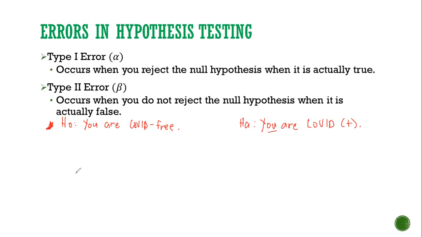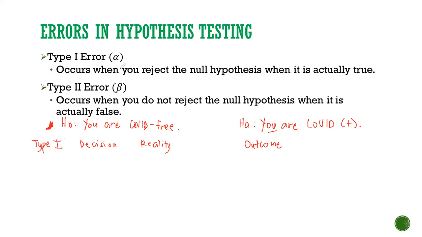Ganon, di ba? Okay, so type 1 error tayo. Type 1. Yan. So ang ating type 1, we have here your decision, reality, and of course, what's the outcome of that? Okay. Dagdagan natin ang outcome.